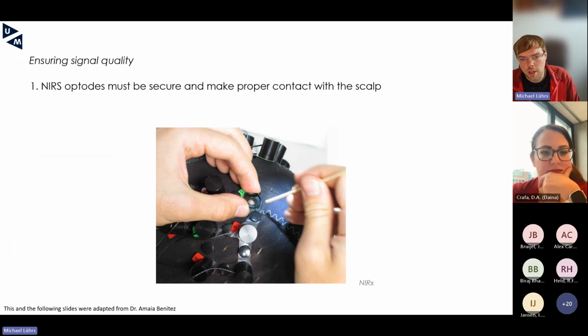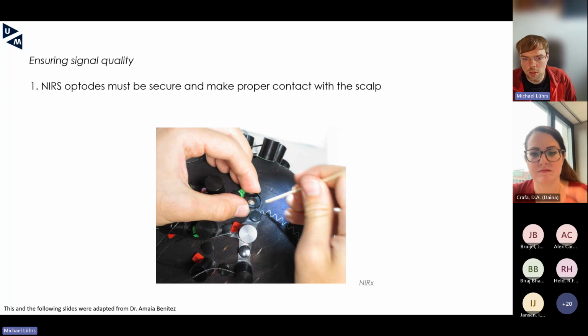So coming back to the very first start, when we are looking at the cap setup, we really have to make sure that the optode can touch the skin, not the brain. And there are different methods how you can do that. But most importantly, there must be a nice check that this is valid throughout the run.